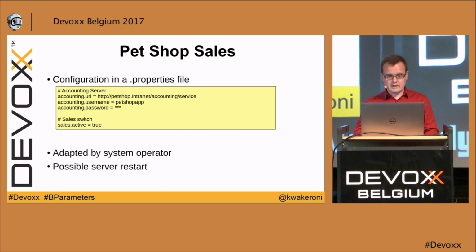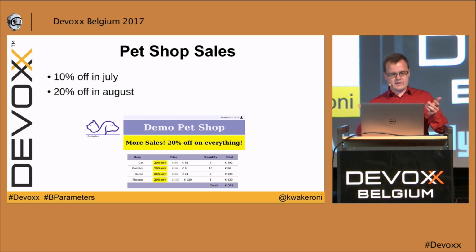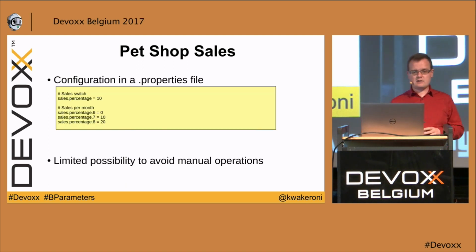And then, of course, you might want to do something more than just have sales or no sales. You might, for example, need to say, okay, in July we give 10% off, and then in August we make it 20%. If you want to do that in a properties file, okay, you would have to put your percentage as a property, at least.